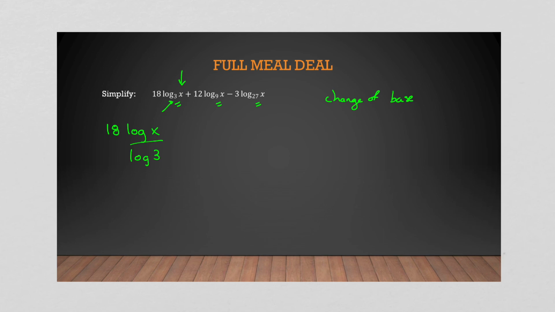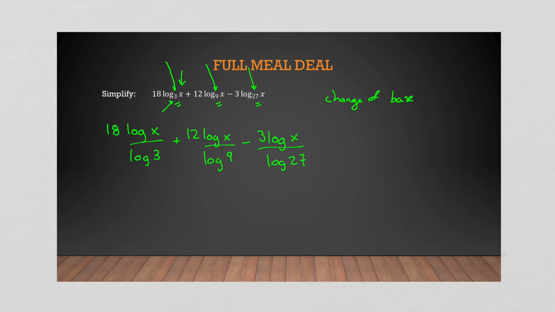Then we do the same thing, plus 12 times log x over log 9, and then minus 3 times log x over log 27. So that's step one. The reason why I did that is because by looking at my bases here, and you'll get a lot better at identifying these things, I have a 3, a 9, and a 27, which are all powers of 3.